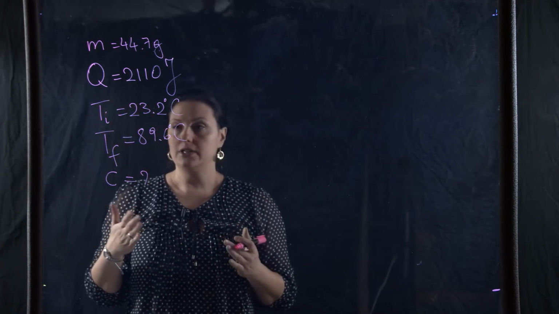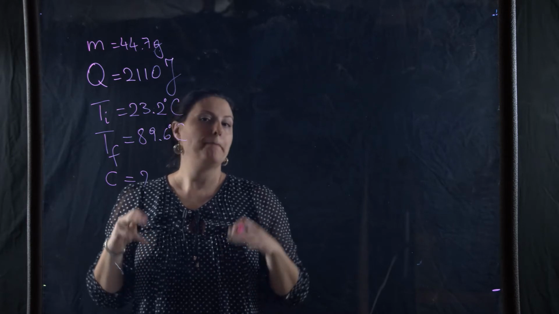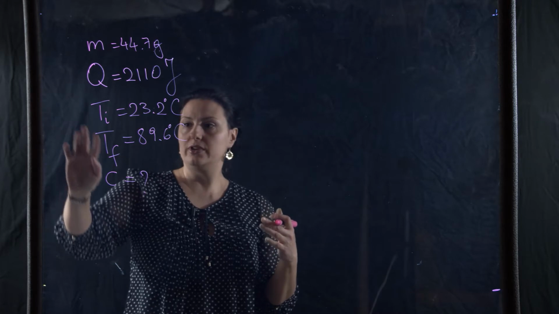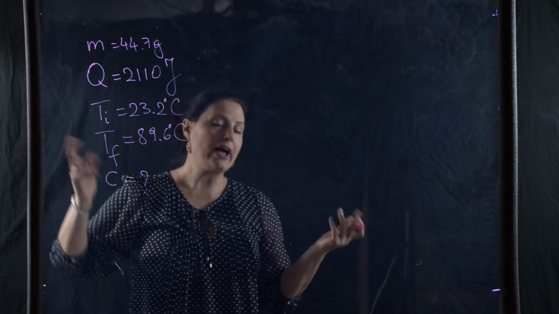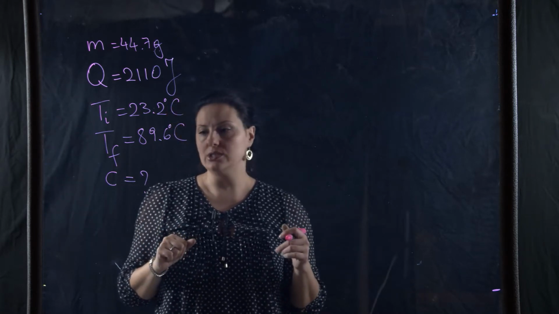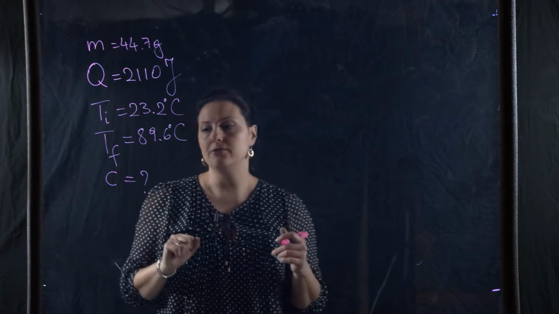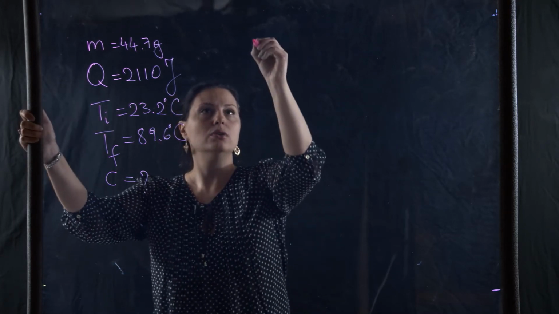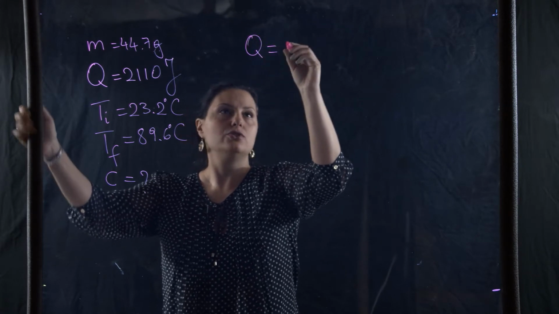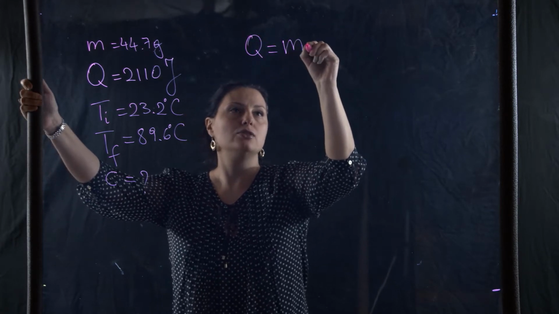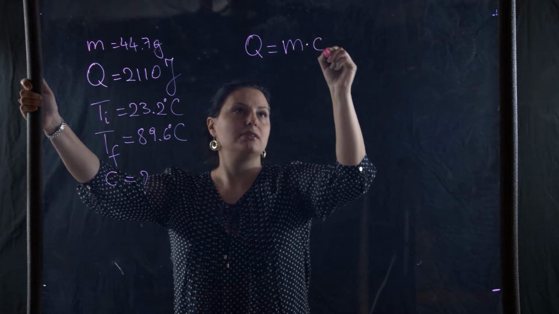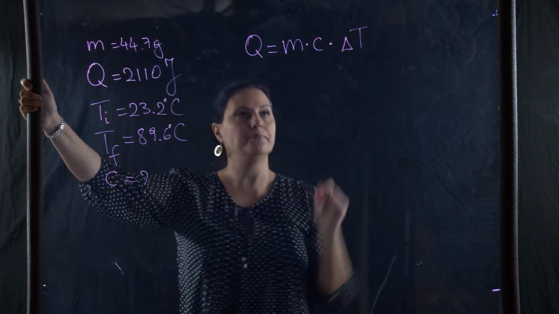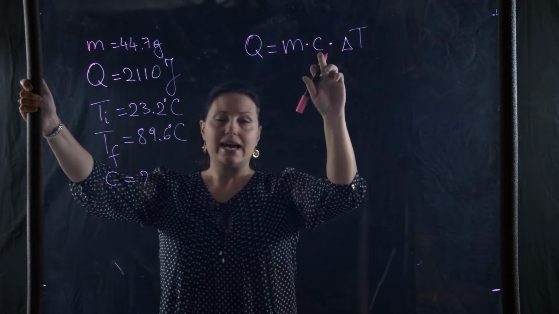Just a slightly different problem, but once again, I'll have 4 out of 5 unknowns, and so I can just solve for the last variable. What do we know? We know that Q is equal to M, so the mass, times the specific heat, times delta T. How do I isolate c?